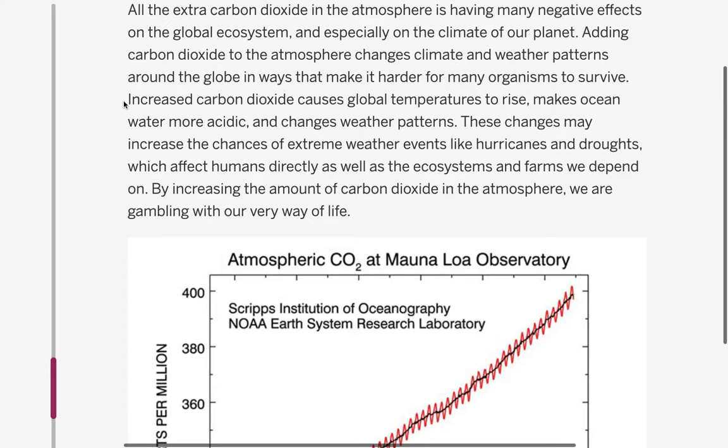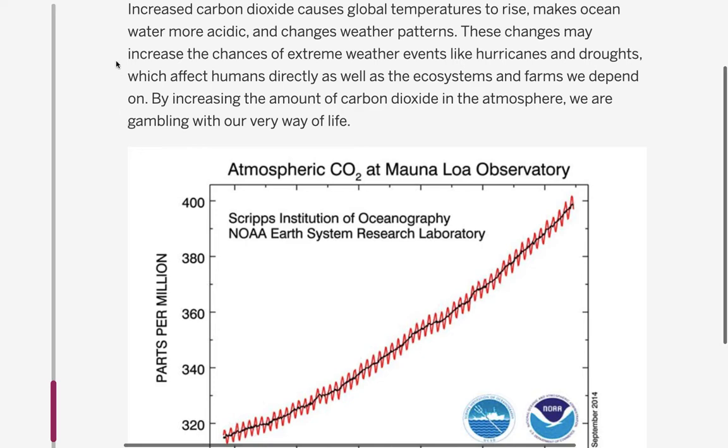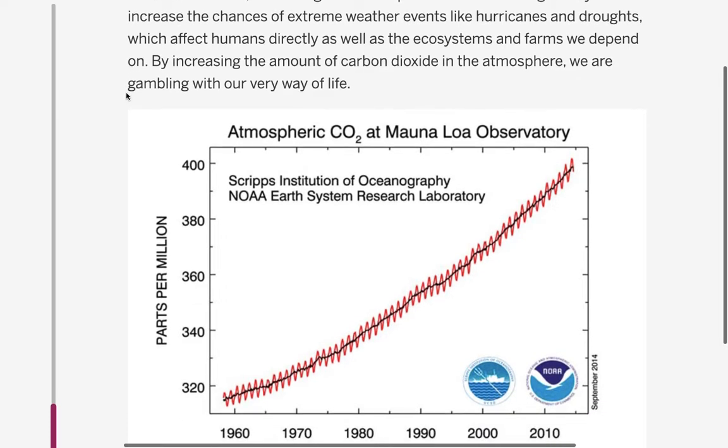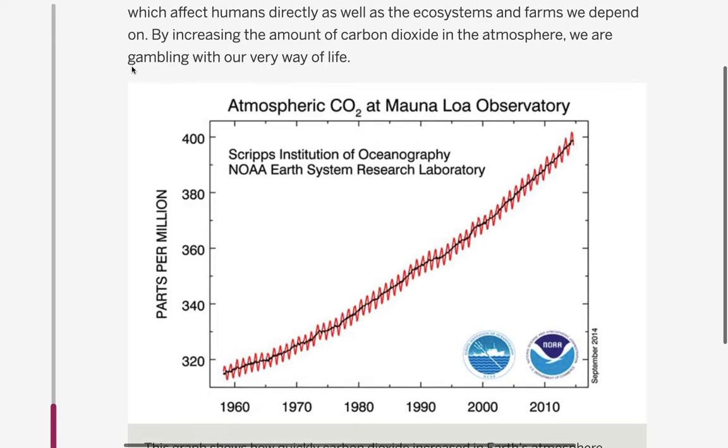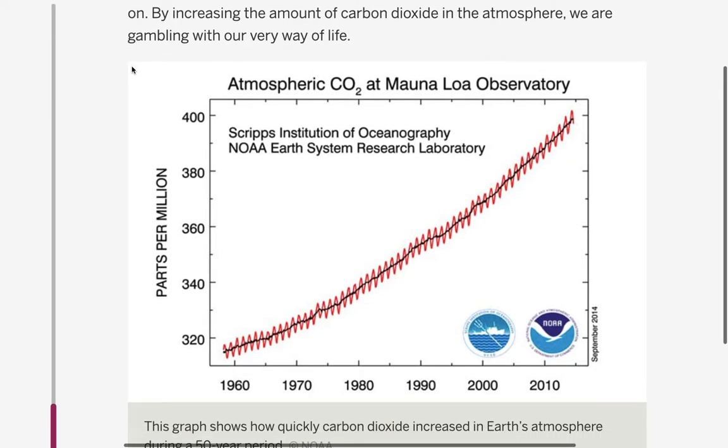Increased carbon dioxide causes global temperatures to rise, makes ocean water more acidic, and changes weather patterns. These changes may increase the chances of extreme weather events like hurricanes and droughts, which affect humans directly as well as ecosystems and farms we depend on. By increasing the amount of carbon dioxide in the atmosphere, we are gambling with our very way of life.